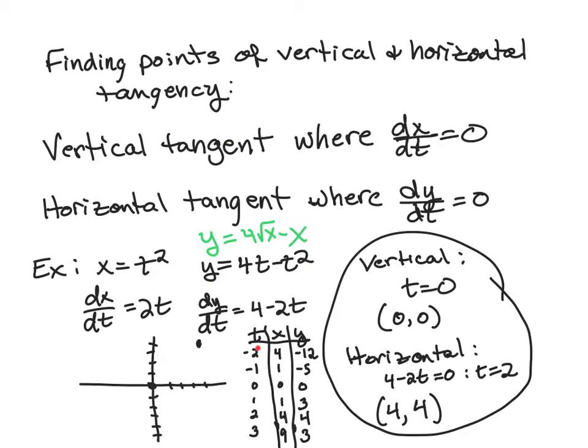And then as the t value increases, I'm moving up to the point 1, negative 5, and then I'm moving to the point 0, 0, and that has a horizontal tangent. So that's going to be almost vertical at that point. Then I'm going from that point to 1, 3.